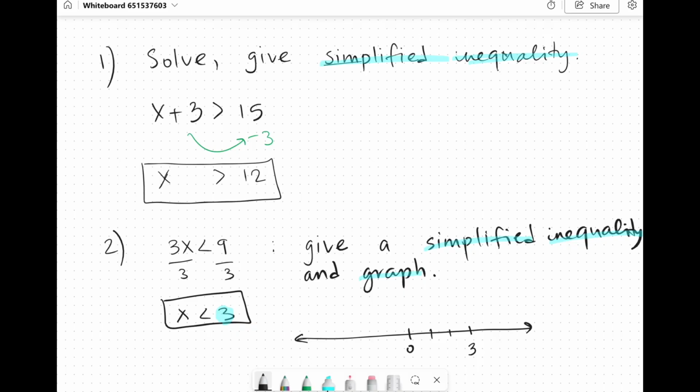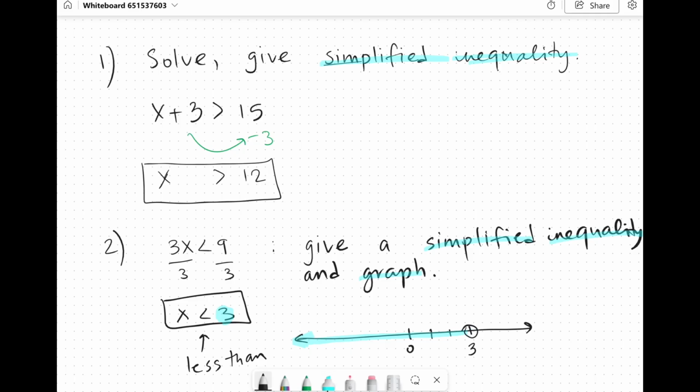So my x is saying that it's anything that is less than 3. So if it's less than 3, it can be 2, 1, 0, etc. All of these numbers are to the left of the 3, and then the only thing that's left for us to determine is what kind of circle 3 gets. Because x is less than 3 and not less than or equal to 3, it gets an open circle.